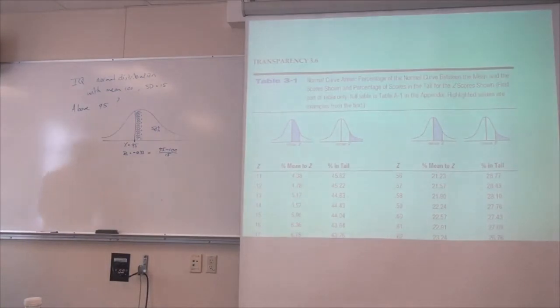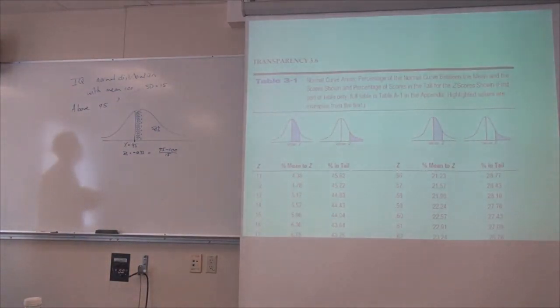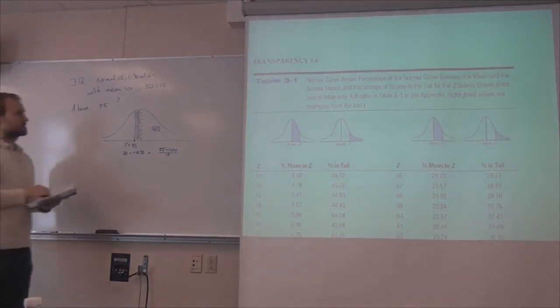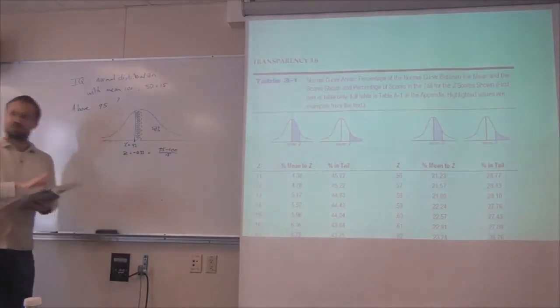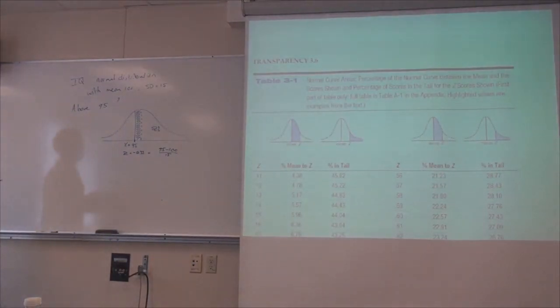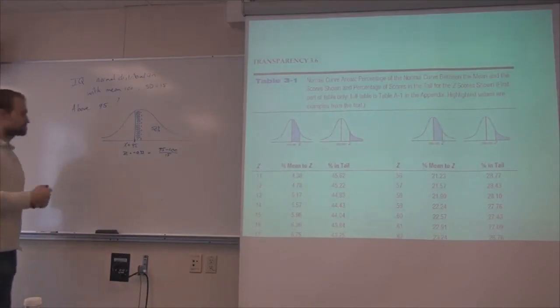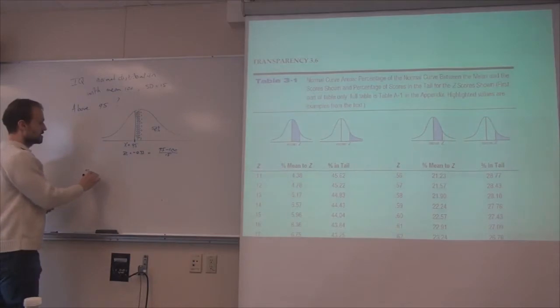So what am I going to look for in my table? Which z value am I going to look for? If my actual z score is negative 0.33, there's no negative 0.33 here. What am I going to look for? 0.33. So instead of finding this, it's the same.